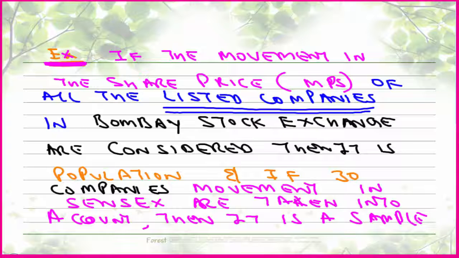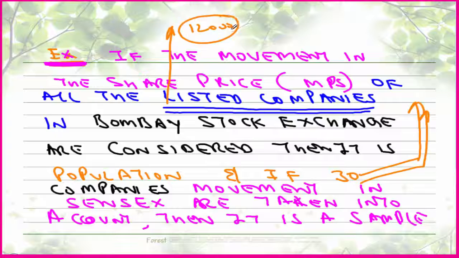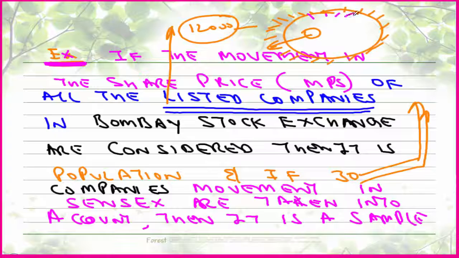I am just assuming that 12,000 companies are listed on the Bombay Stock Exchange and 30 companies represent the Sensex. If I take the price of all the 12,000 listed companies, then I will say it is a population.